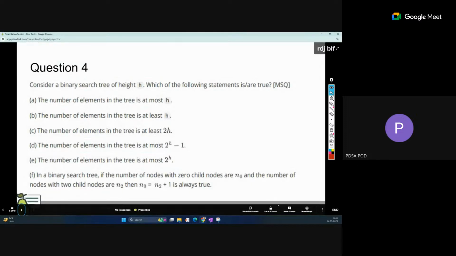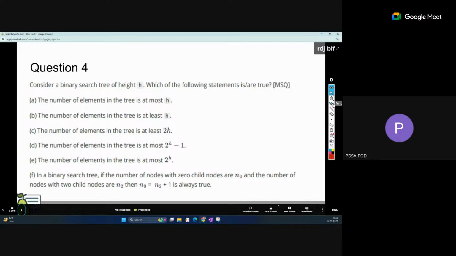Next, this is also related to some properties. Just validate which option is correct. Consider a binary search tree of height h. Which of the following statements are true? In this type of question, one thing we have missed: we have not mentioned the base case.